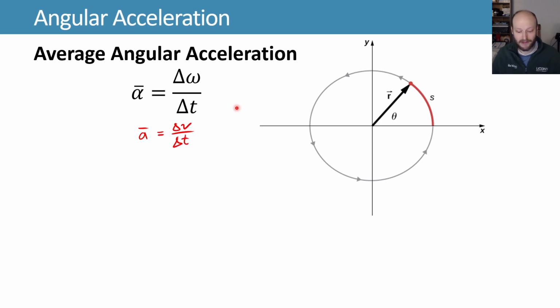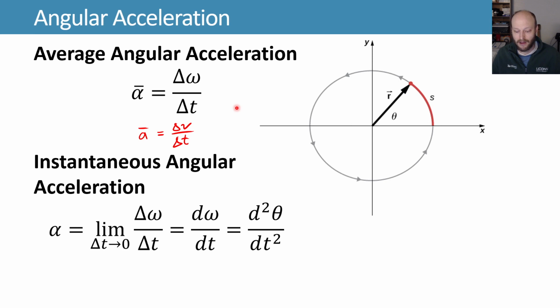As before, we can take the limit as that delta t goes to 0, and we get alpha is equal to d omega dt, which you can daisy chain with our previous relationship to say that then that's the second time derivative of position with respect to time. And that's pretty much the relationships.